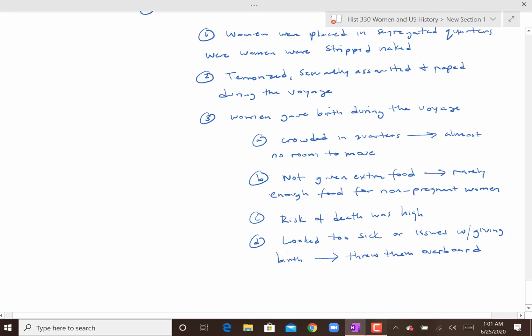There was the threat of sickness spreading because you were sick with childbirth or near death because of that. And so sometimes they'd wait till you died and then throw you overboard. But there were other times where women who were deteriorating quickly during childbirth, or the baby wasn't coming out, they would simply toss them overboard while the woman was not dead and still technically giving birth.